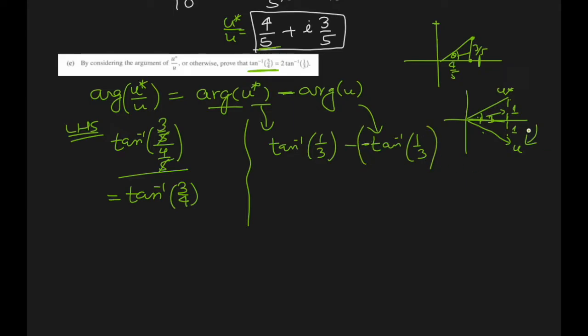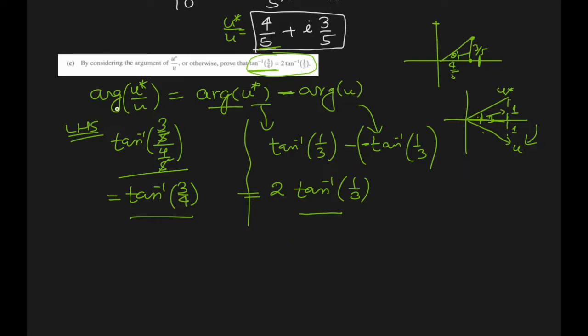That's a negative argument. So it becomes how much? 2 tan inverse 1 over 3, and they are equal. This is what they were asking us to show: tan inverse 3 over 4 is equal to 2 tan inverse 1 over 3.